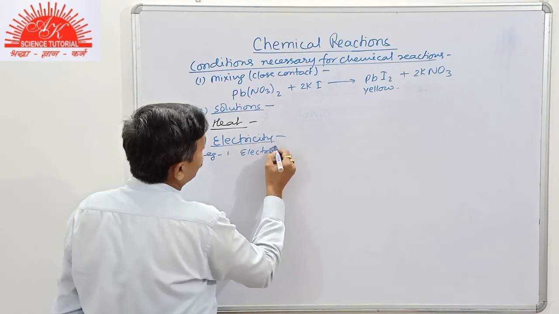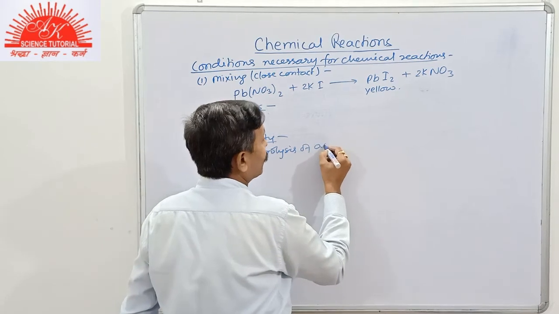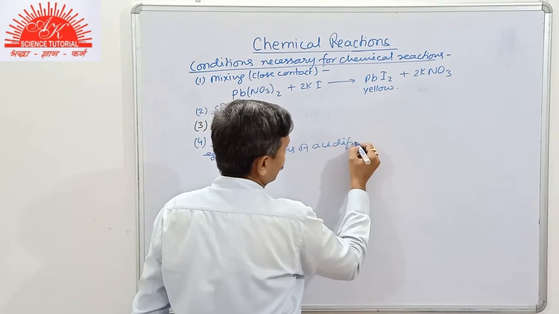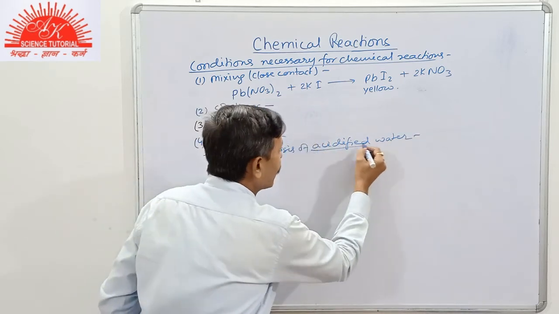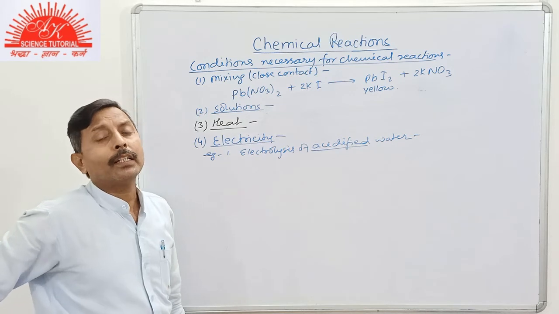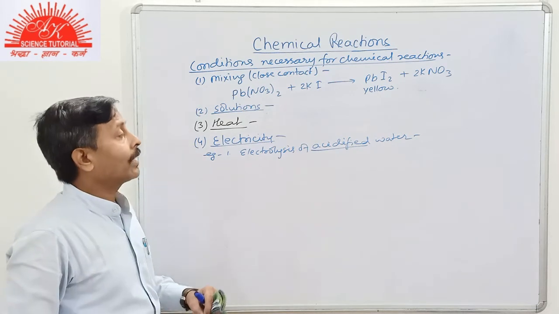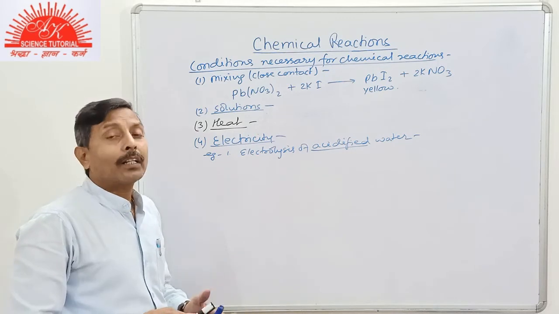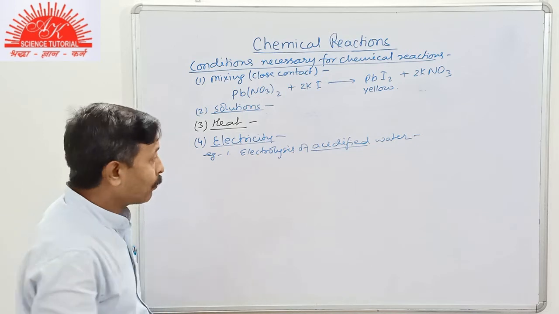For example, suppose we take electrolysis of acidified water. Acidified water, because we know, student, that pure water does not conduct electricity. But when some acid is added to it, then the water molecule gets ionized and discharging of ions takes place.